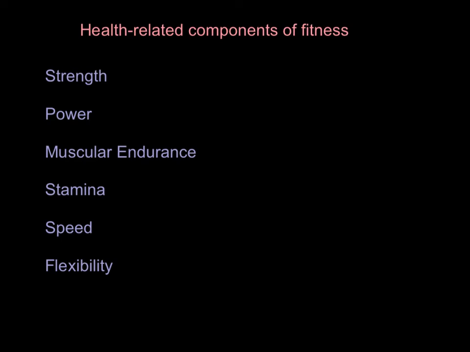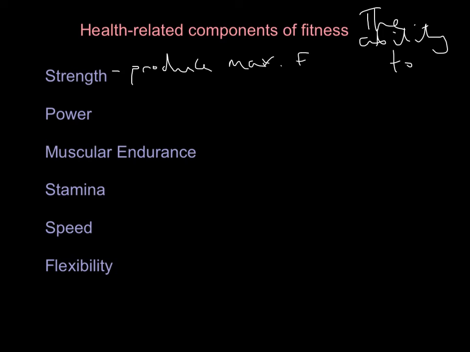Now, strength is quite a unique one. Again, okay, I'm going to start all my definitions with the ability to. So I'm going to leave that in that top corner as a reminder, and I'll keep referring back to it. The ability to. In terms of strength, is quite simply to produce maximal force in a single contraction.